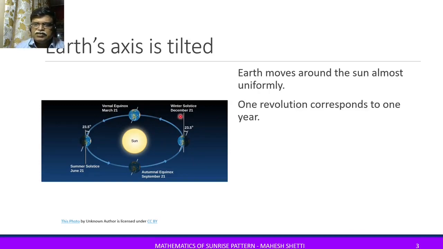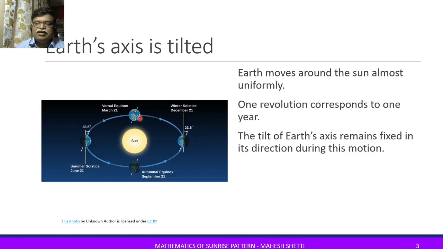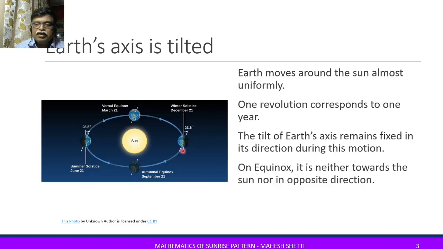One revolution corresponds to one complete year, and the tilt of the Earth's axis remains fixed in direction. So you can see that the tilt is this way, and over the entire year the tilt remains the same. On equinox day it is neither towards the sun nor in the opposite direction.